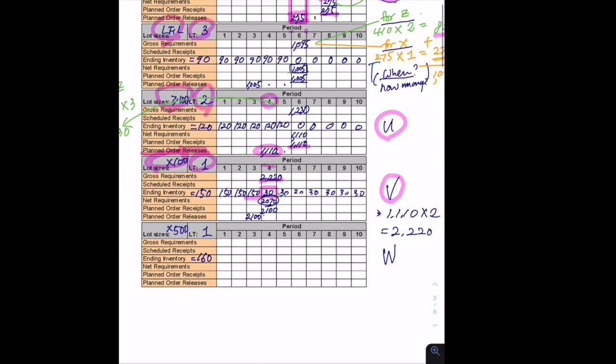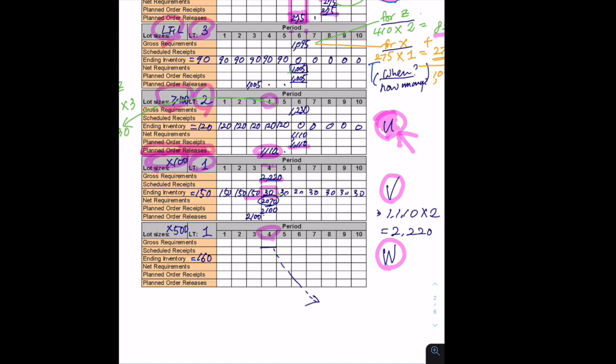Now, let's answer the same question. When do you need W? When you make a U. So therefore, you will look at the timing of the planned order release of this parent item. So week 4, I choose the timing. Now, how many do you need here?